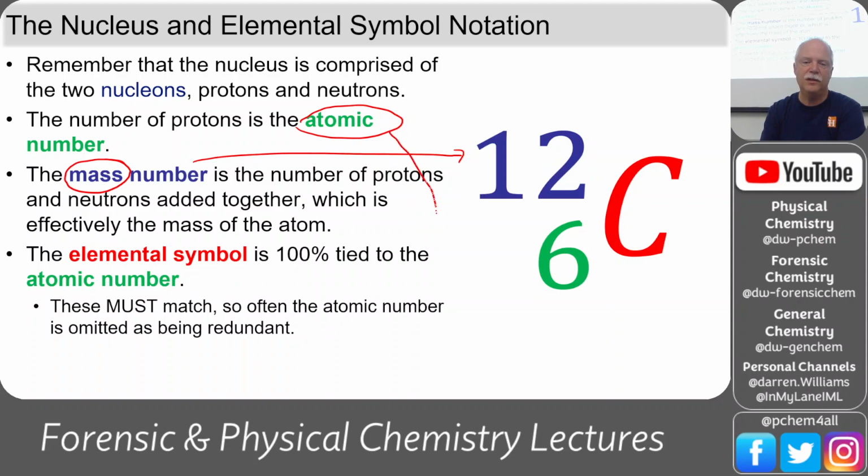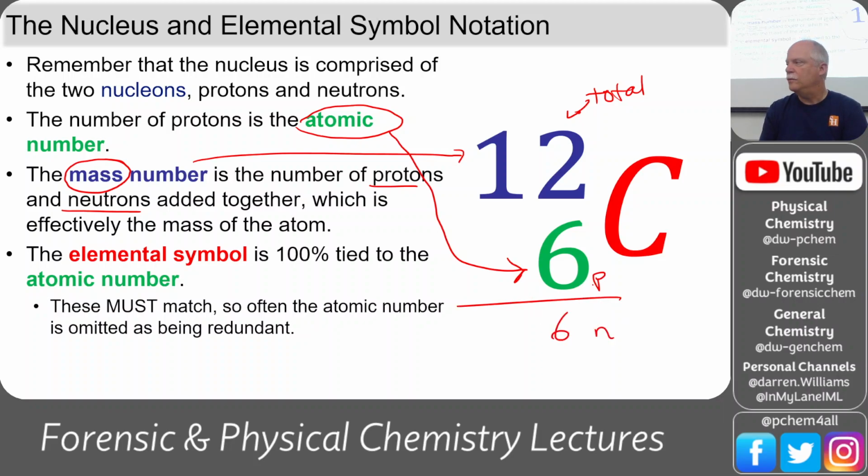So the atomic number is the number of protons. The mass number is protons plus neutrons, so this is the total, and it's 6 protons. So if you do the subtraction, then you end up with 6 neutrons. So that's what makes up the carbon-12 nucleus. Pretty straightforward. You guys knew that.